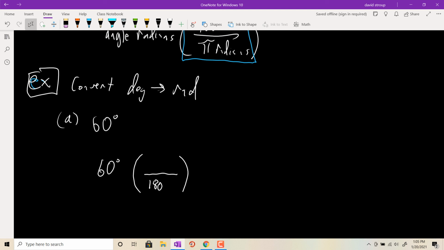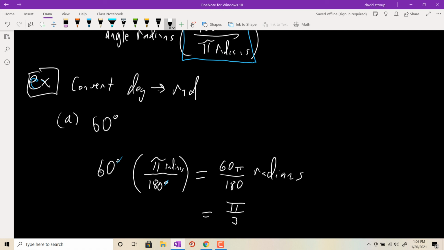I want to put 180 degrees in the denominator and then pi up top, pi radians. So the degrees will cancel out and you're left with radians, right? So these degrees cancel out and pi is in terms of radians. And we end up with 60 pi all over 180. And of course you want to simplify that into pi over 3. Okay.